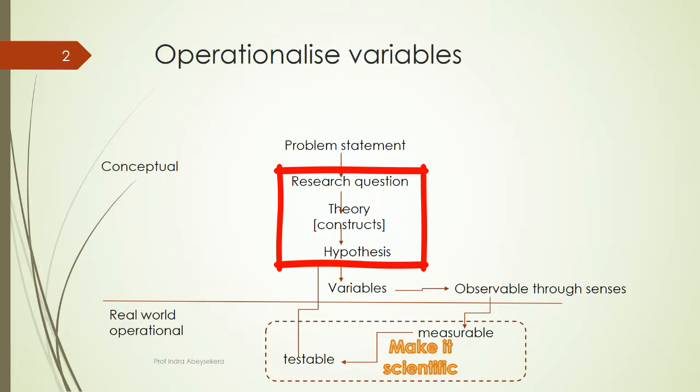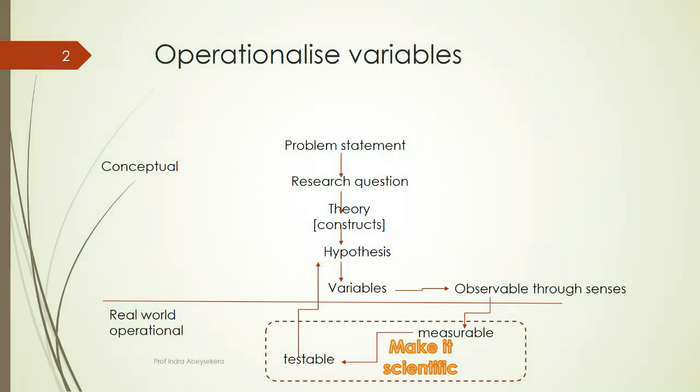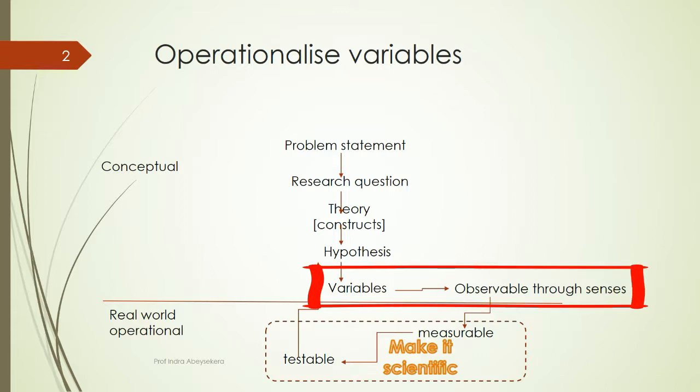But if there's a preferred understanding, we write it as an alternative hypothesis. Based on the hypothesis that is written, looking at the constructs embedded in the hypothesis, which are derived from the theory, we develop variables.